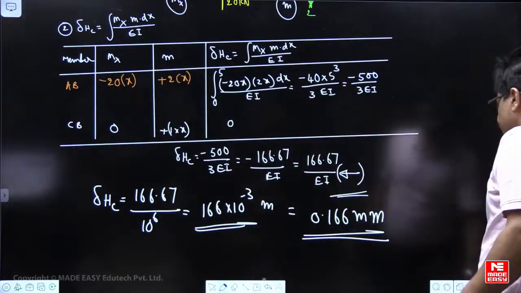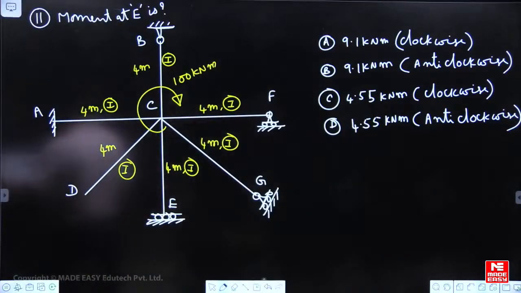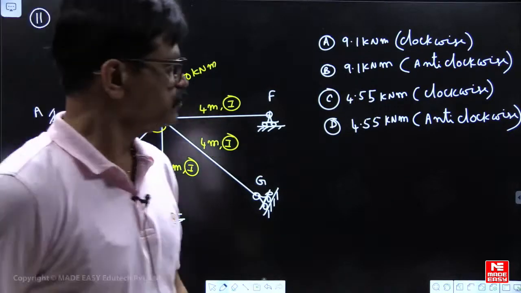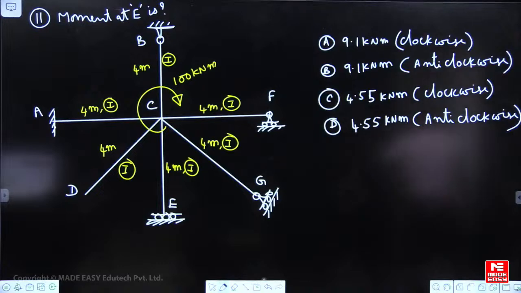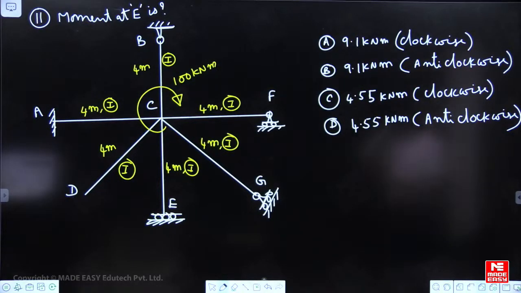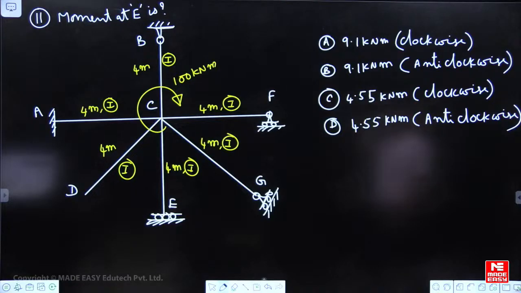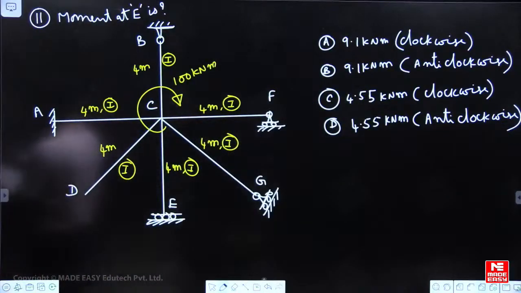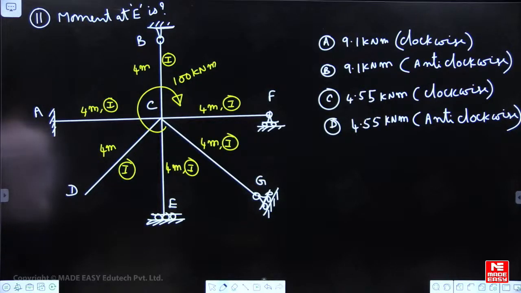Okay. Next, moment at E is... Aviral Chaudhary, not 1666, 166.67. Earlier one.